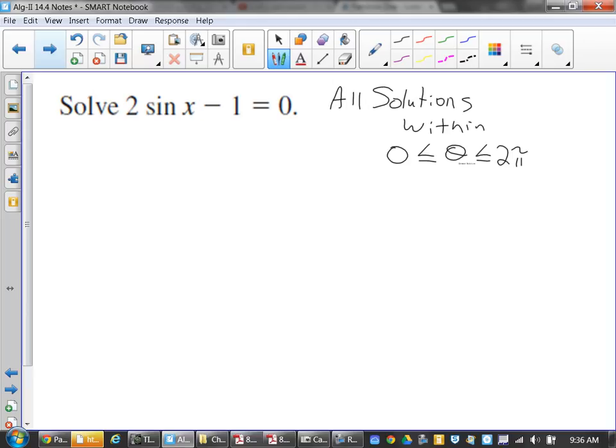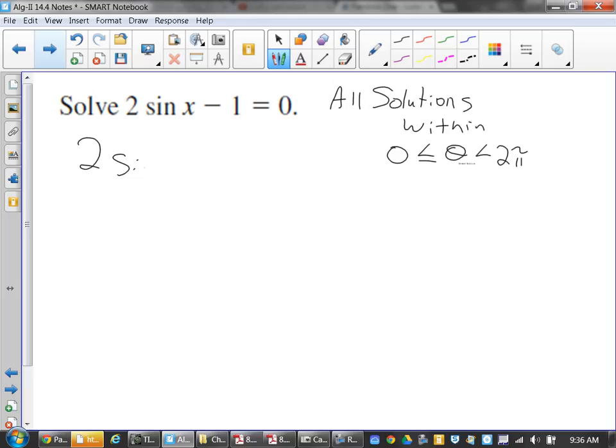I believe that's how they write it, one revolution. Let's double check. It's from 0, including 0, through 2 pi, so it's not including 2 pi. So what I'm doing here is finding all angles within one revolution of the circle that make this equation work.